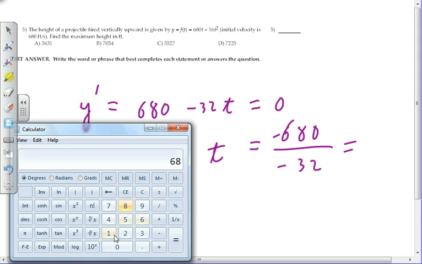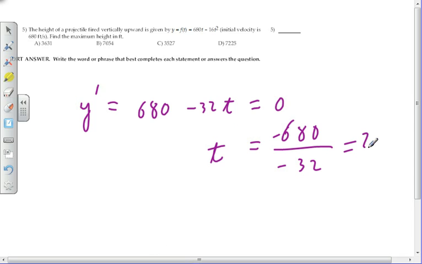So 680 divided by 32, 21 and a quarter, 21 and 1/4 seconds.